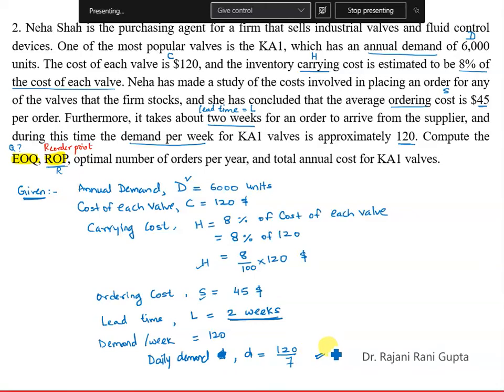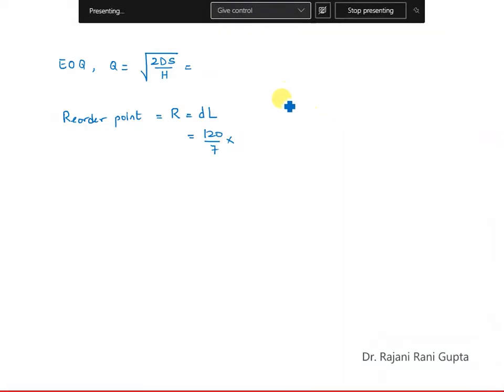This is the demand per day, right? So we have to convert the number of weeks into number of days. 2 weeks is equal to how many days? 2 times 7, that is 14 days. So here it will become 240 days. This is the reorder point. If you want to convert it into weeks, you can.